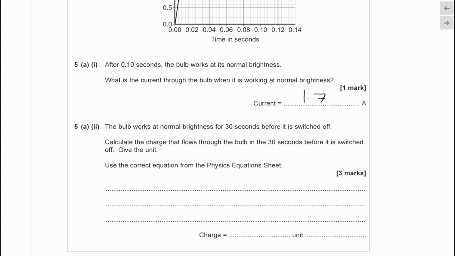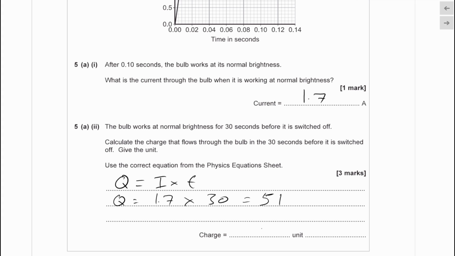Okay, so you should know that charge, which we call Q, is equal to current times by time. All right, now charge is measured in coulombs, right? We'll come on to that in a second, but let's just fill in our units. The current is 1.7 amps. Okay, we've just worked that out. And the time is 30 seconds. So we do 1.7 times 30 will give us a total of 51.